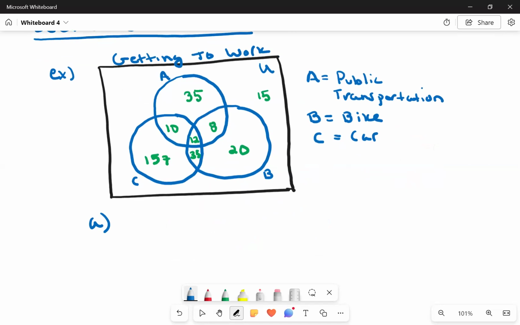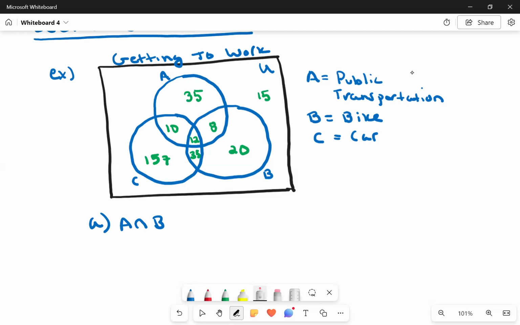I'd like to find A intersect B. Visually, I'm going to locate it on the graph, and then I'm going to indicate how many people are in A intersect B. These would be people who take both public transportation and bike. Maybe they do a combo of the two, maybe they switch between them, but they do both.